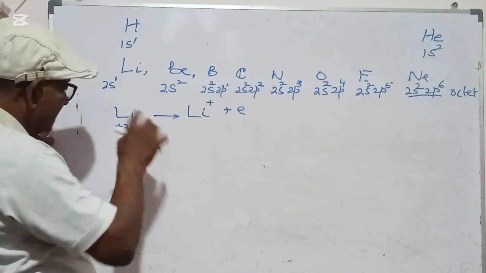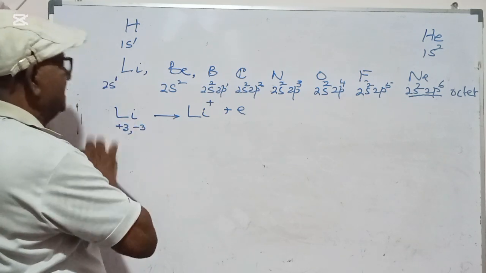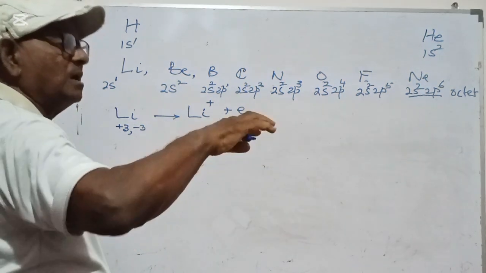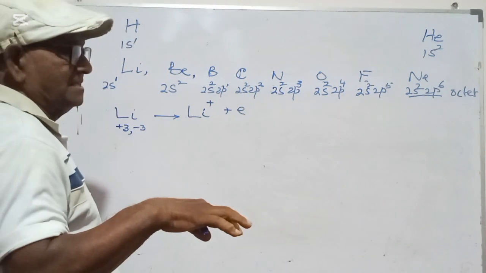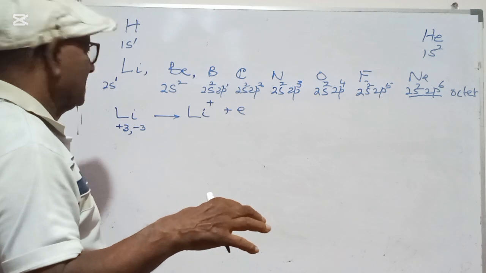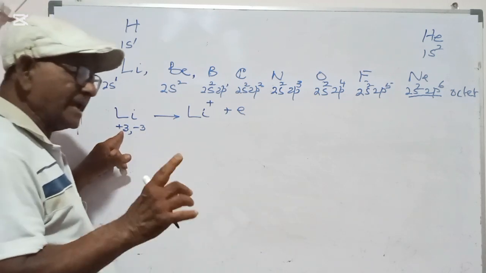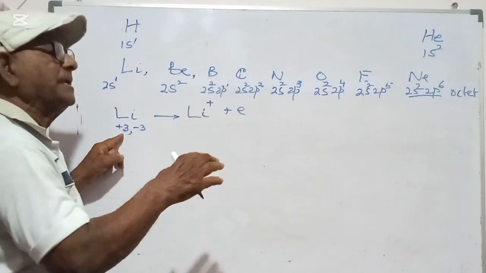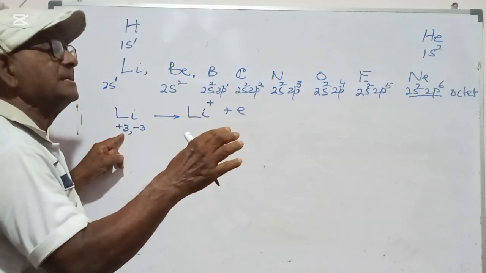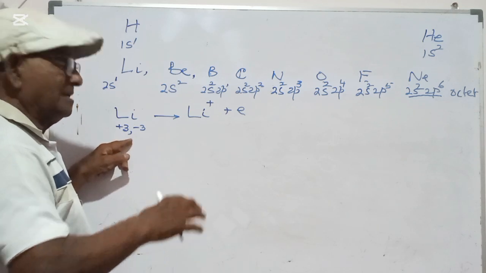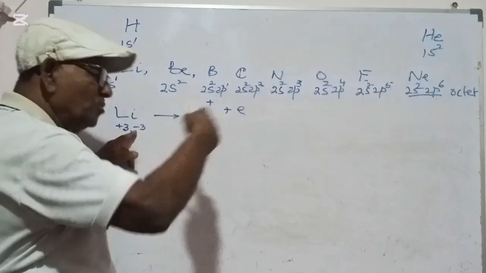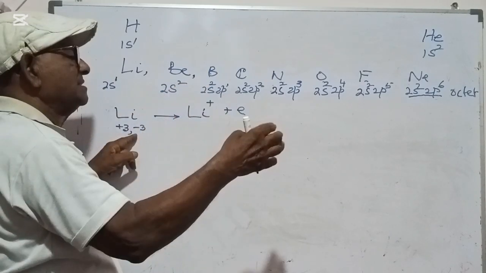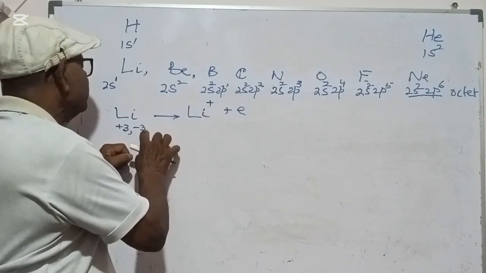Lithium has 3 protons in the nucleus and 3 electrons in the orbitals around the nucleus. You must know that protons are unable to be removed or gained because they are in the nucleus. The abilities of removing or gaining are shown by electrons only.